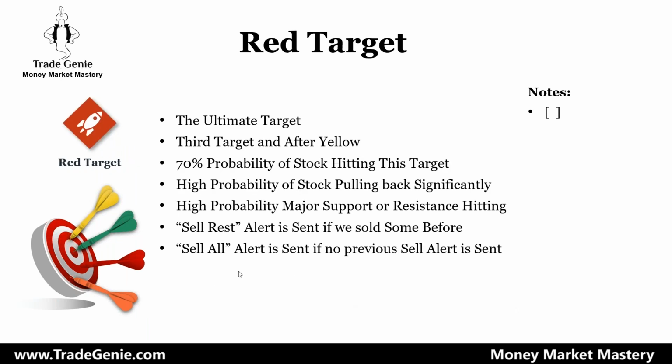Now the red target is very tricky. The red target is the ultimate target. It's like a big resistance level. It has a lower probability, but when it hits, it gives you a lot of percentage gains or dollar amount. Then some event occurs and the stock goes beyond the red target, like Airbnb, or there was another one, I forgot the symbol.